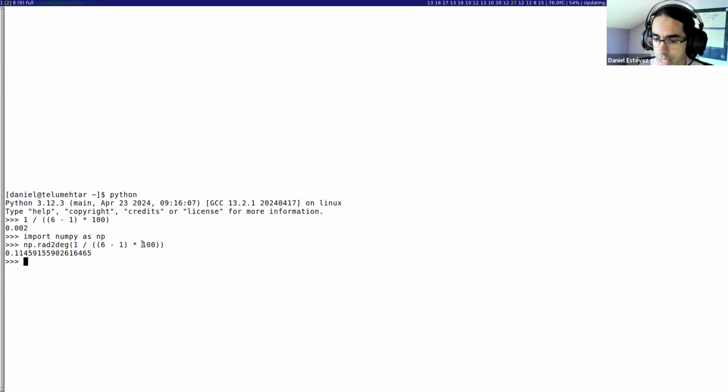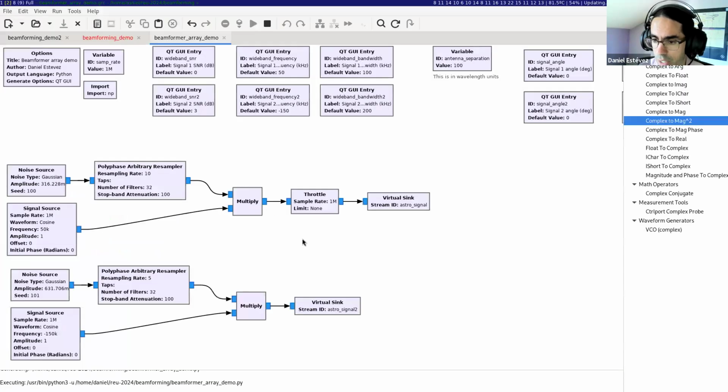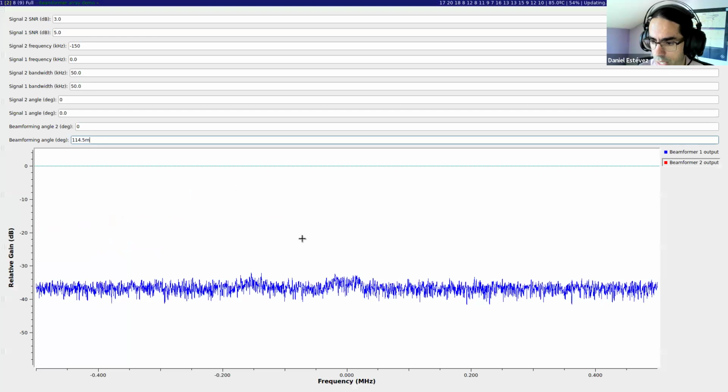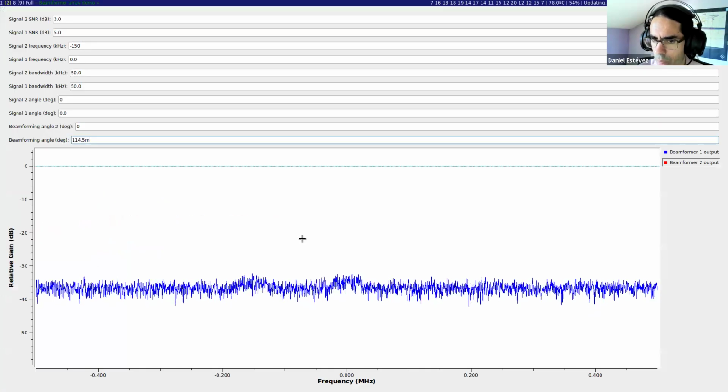And in this case, 100 is for the sake of the example, but oftentimes antennas are separated by thousands of wavelengths or tens of thousands of wavelengths, or even millions of wavelengths, or much more if we are doing VLBI. And that gets us a very narrow synthetic beam width. So that's something to take into account.